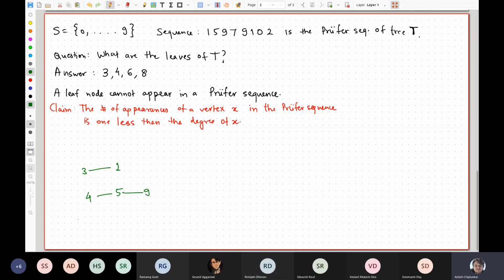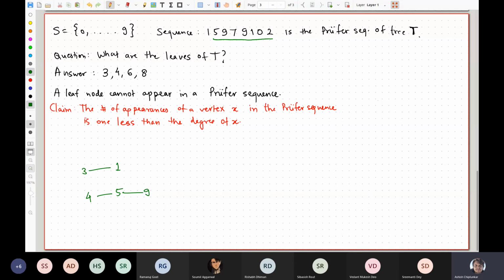Okay, so let's pause for a moment and repeat this argument once again. 3 is the leaf with the minimum label, and this is the first entry of the prefer sequence. So 3 is connected to 1. Then look at the remaining tree. Its prefer sequence after deletion of 1 is 5979102. What is the minimum number which does not appear in the sequence? Well, it is 4.